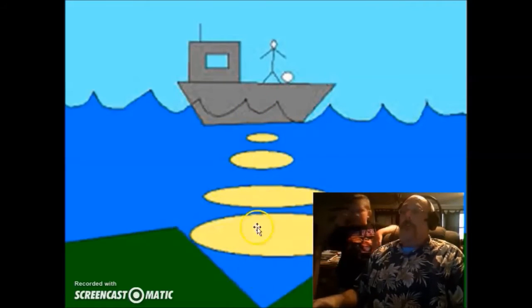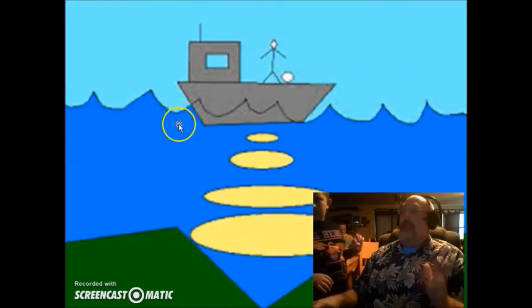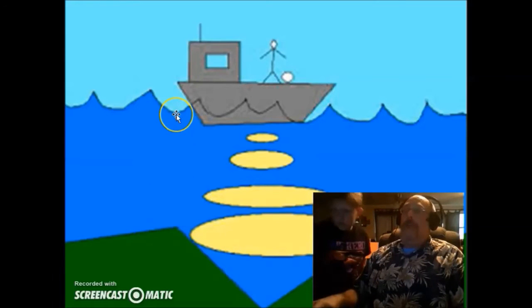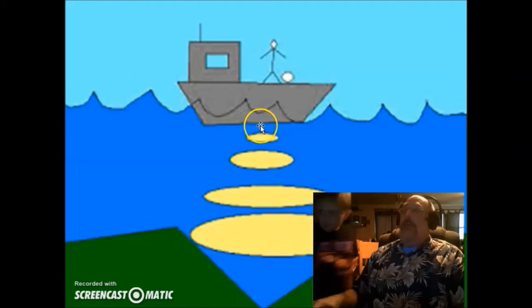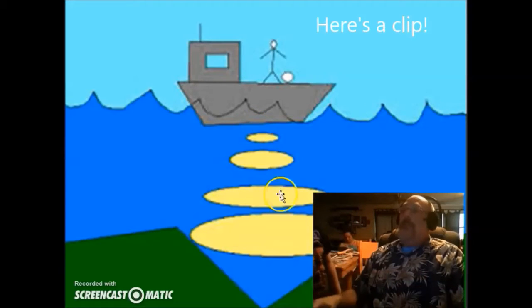The longer it takes the sound waves to return, the deeper the ocean is there. So if a sound wave is shot here, it will bounce, and maybe I'm just going to make up numbers. Let's say it takes 1 1,000, 2 1,000, 3 1,000, and here it might go 1 1,000, 2 1,000, 3 1,000, 4 1,000, 5 1,000, so that you can get an idea of how deep the ocean is at that point.